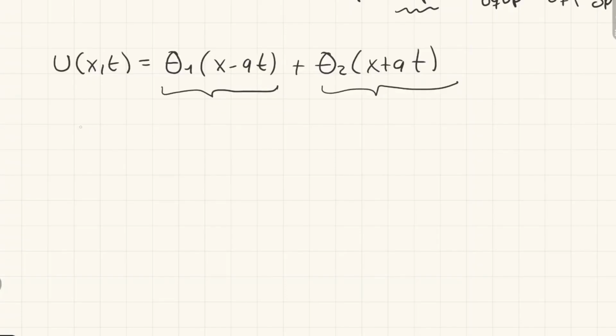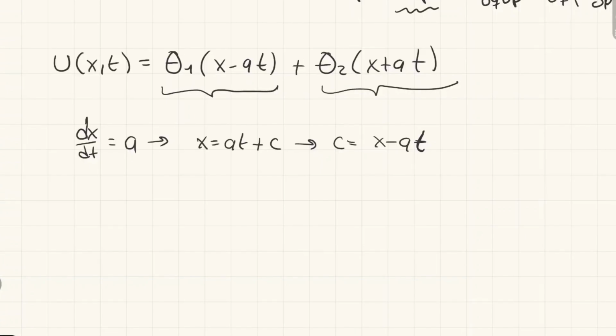So we can see that for a wave moving to the right, the velocity, which is dx/dt, is equal to a. But if we integrate this equation, we will get that x is equal to at plus a constant. But we can see from here that this constant is equal to x minus at, right?